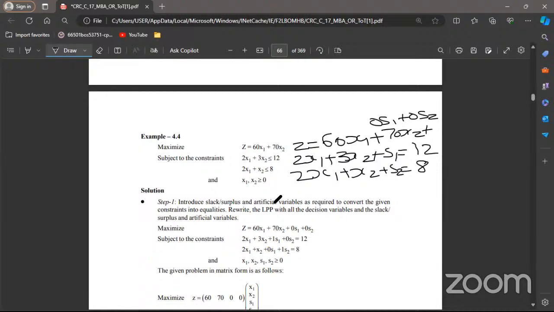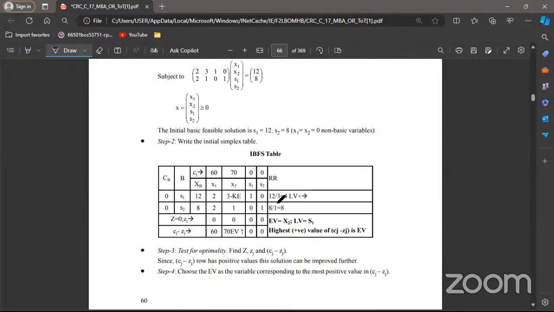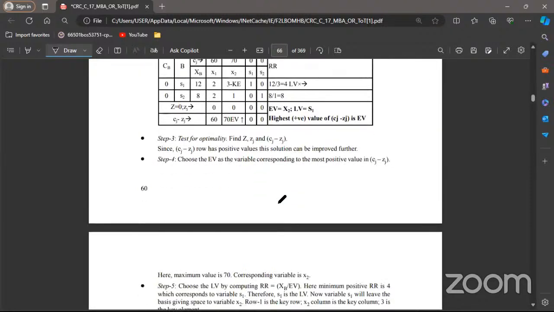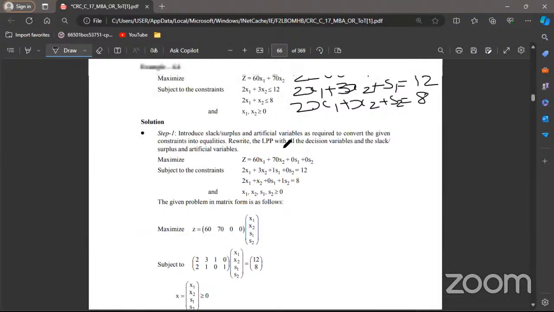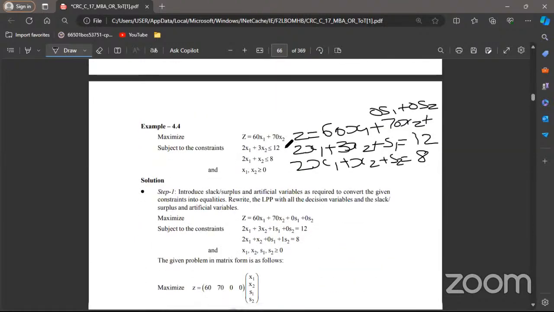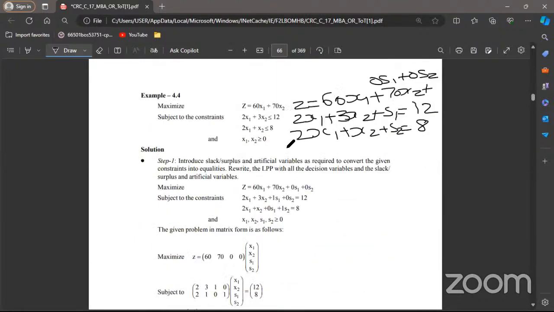Yeah. So now the same thing again. They have entered it in the table, find out Zj, find out Cj minus Zj, then the highest value will be chosen. Ma'am, above they mentioned 0s1 and 0s2. Yes, 2x1 plus 3x2 plus 1s1 plus 0s2.